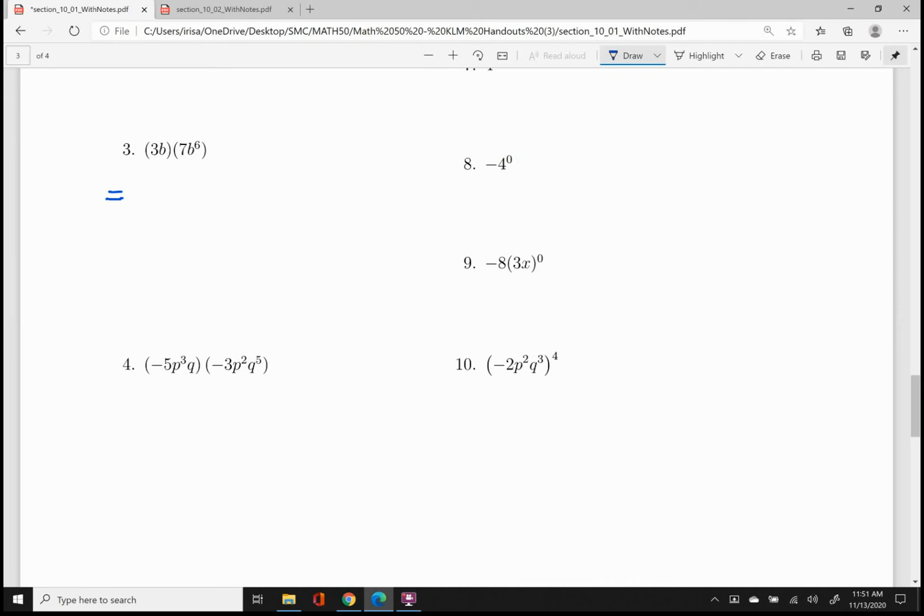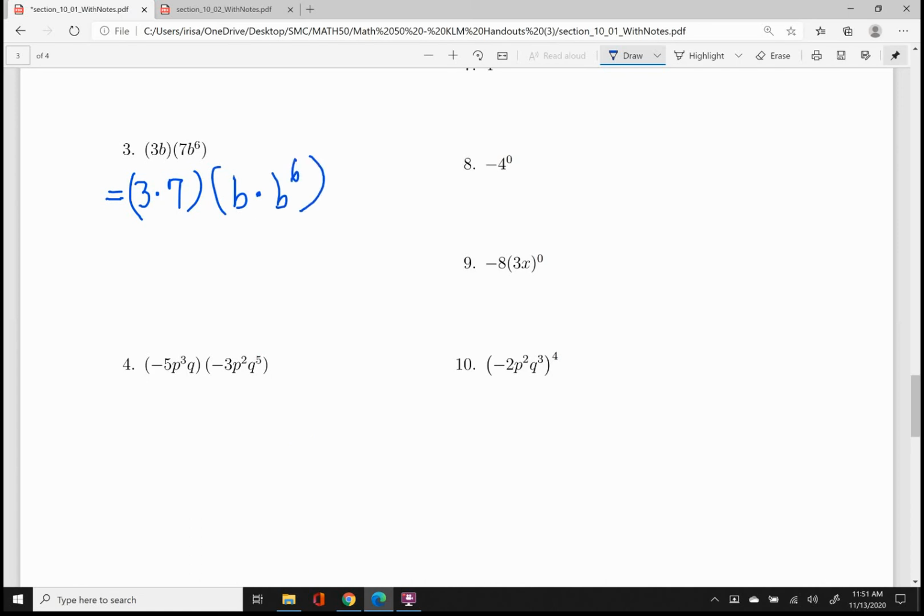So we could use the commutativity and associativity of multiplication to rearrange the factors and then group them by category. So what I'm going to do is put 3 and 7 in a quantity and multiply them together, and I'm going to put the b and the b to the 6th power in its own grouping.